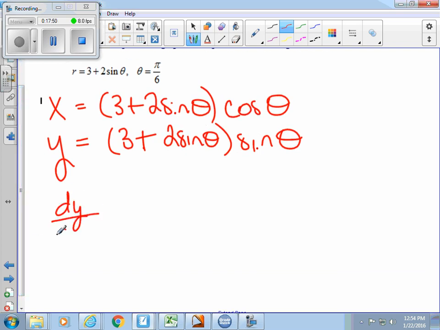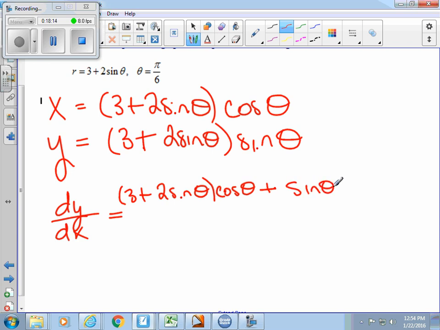So dy over dx is, okay, good. Left d right plus right d left.